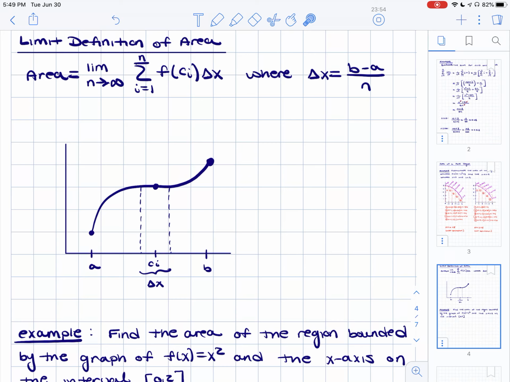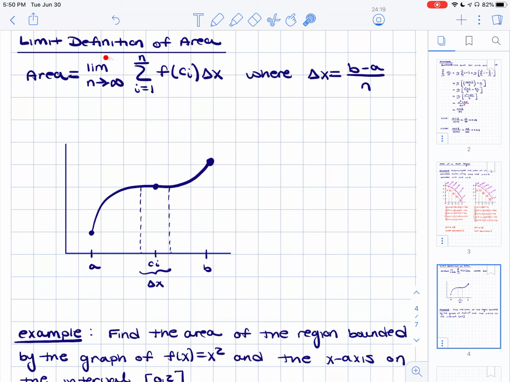So we're basically taking the sum of all of these different little rectangles that have a width of delta x. Now our delta x is going to be the difference between the endpoints divided by n.